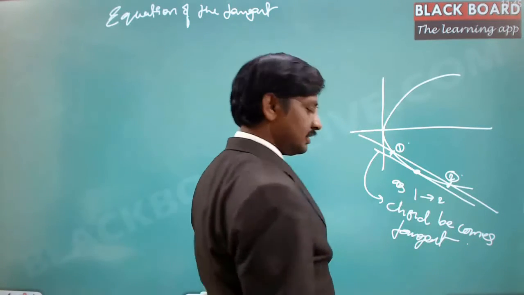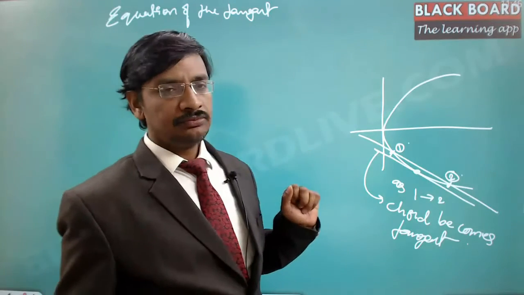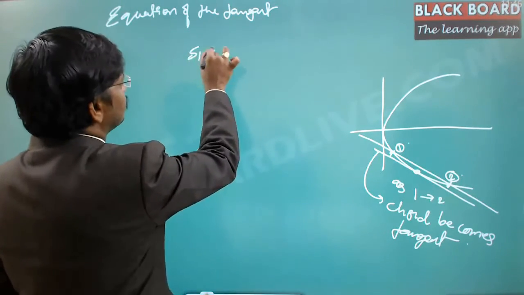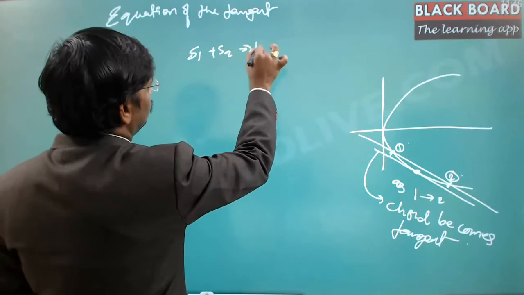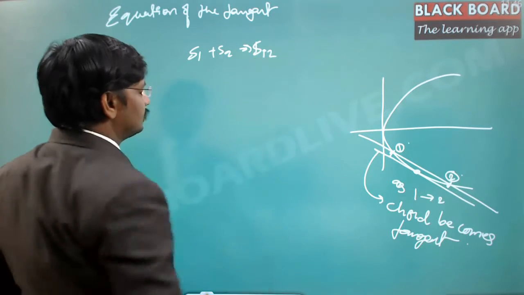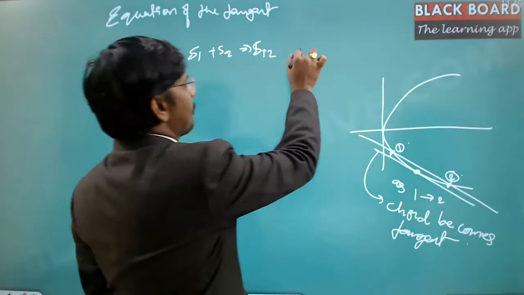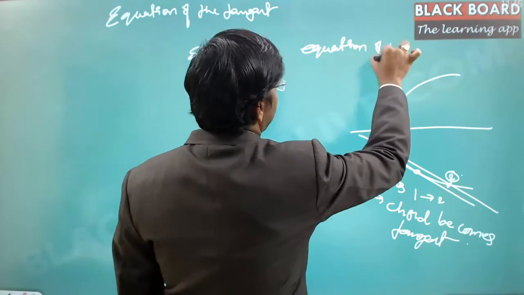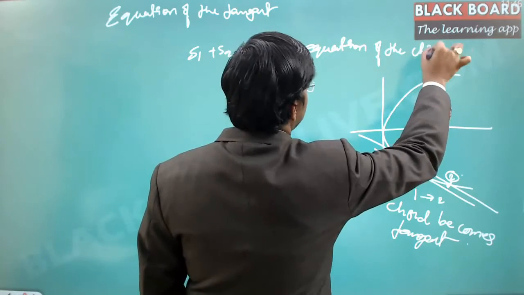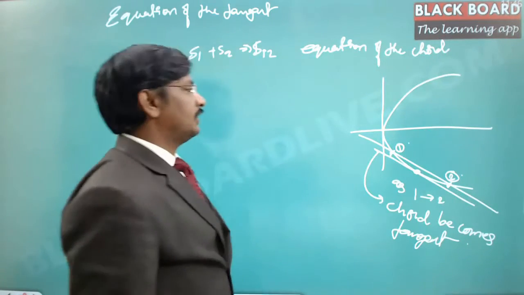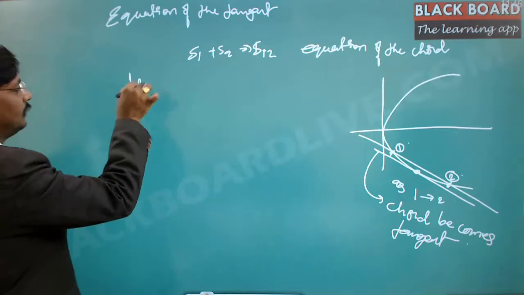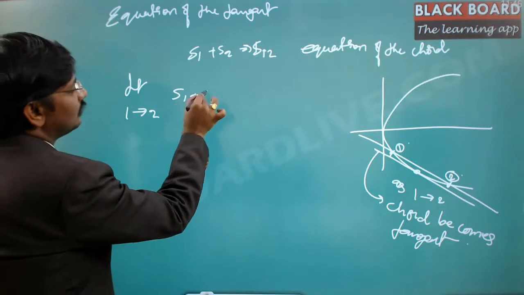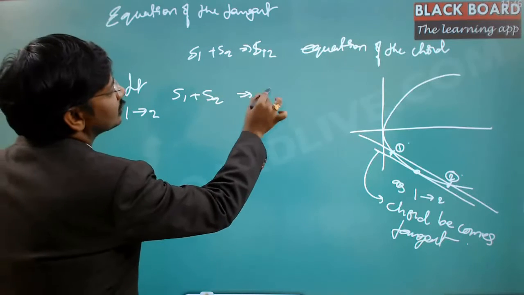Now here we proved that the equation of the chord is S1 plus S2 equal to S12. So this is the equation of the chord. Now take the limit as 1 tends to 2 in S1 plus S2 equal to S12.